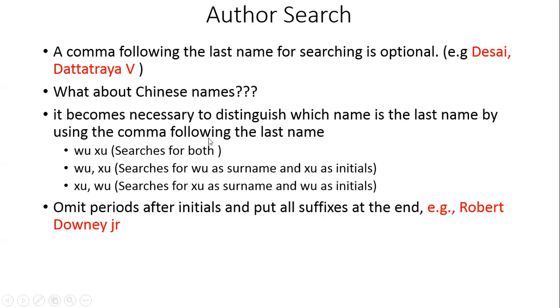Now if you search by Desai, comma, Dattatreya V, then the search engine would know that you are searching for an article published by a researcher whose surname is Desai, his first name is Dattatreya, and his middle name starts with V.